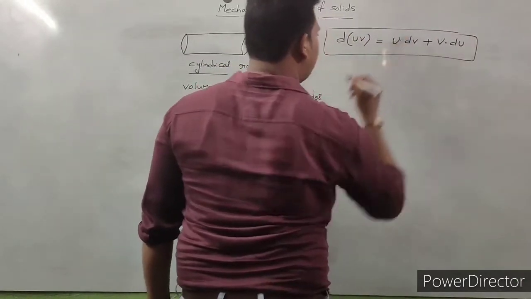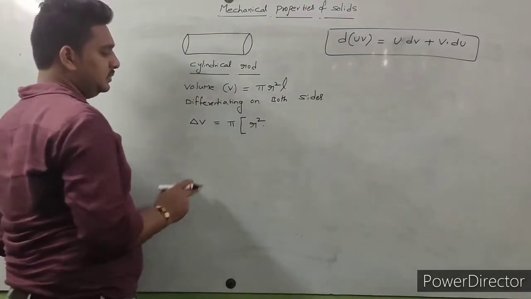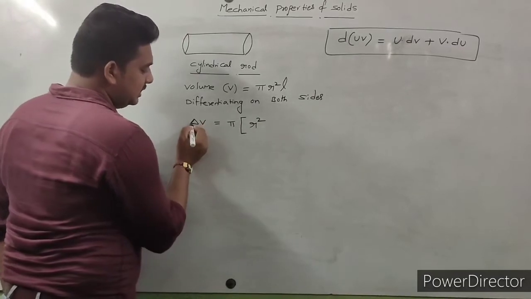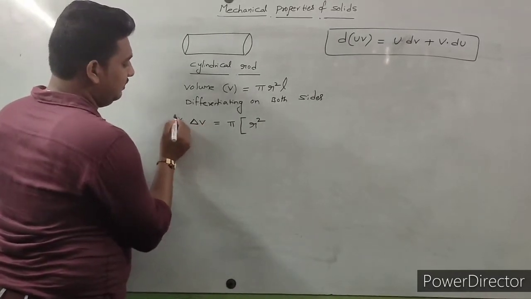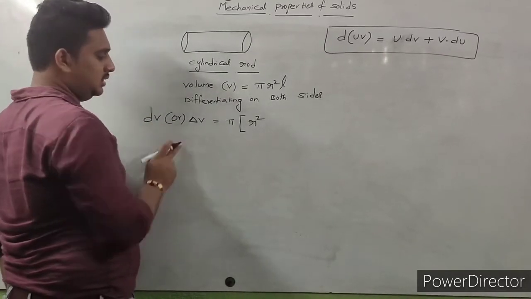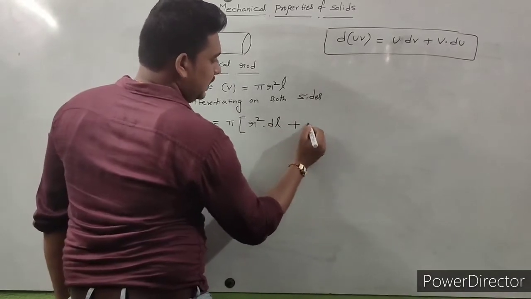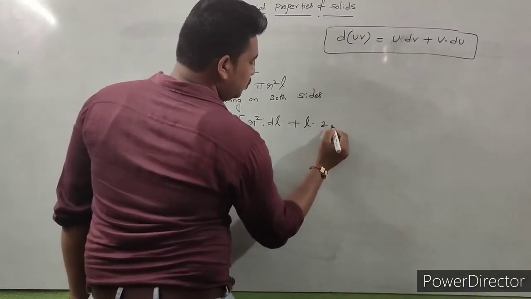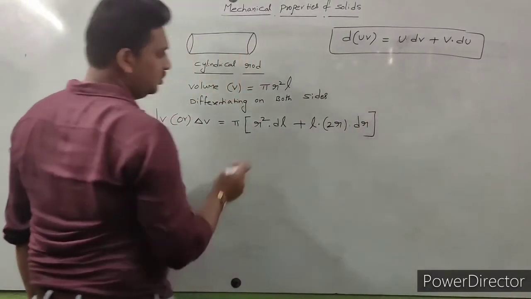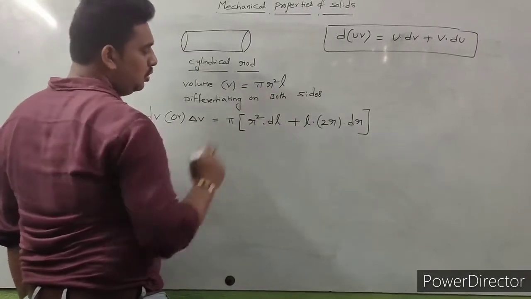Same formula I apply here. Delta V and dV are the same. So pi r square into dL plus L into 2r into dR. L is constant, and differentiation of r square is 2r into dR.